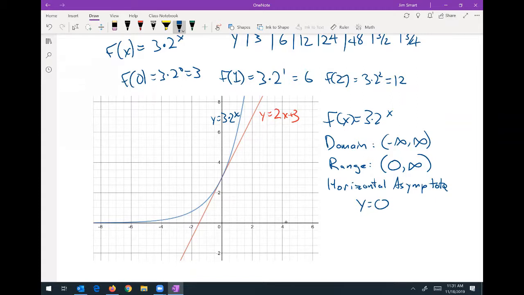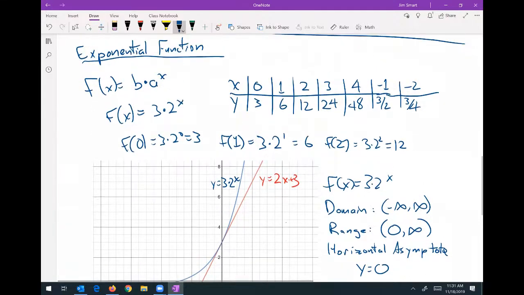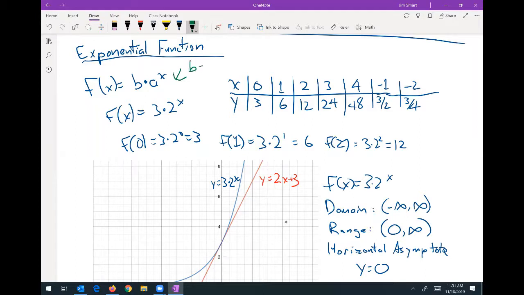One other thing to note is 0 to a negative is undefined, 0 to 0 is undefined. And negative powers get really complicated as well. So for this, I forgot to write at the top, a is positive. b is not 0.